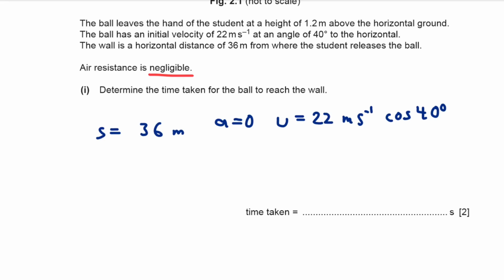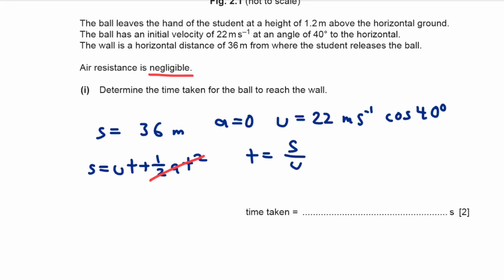So we can use one of our kinematic equations, S equals ut plus a half at squared. Now we know that a equals 0, so this will completely cancel out, and we're just left with S equals ut. We can rearrange for t, so t is going to equal S over u.